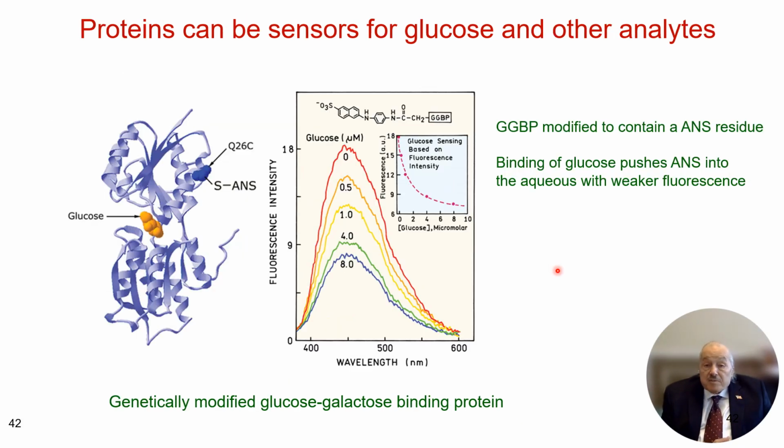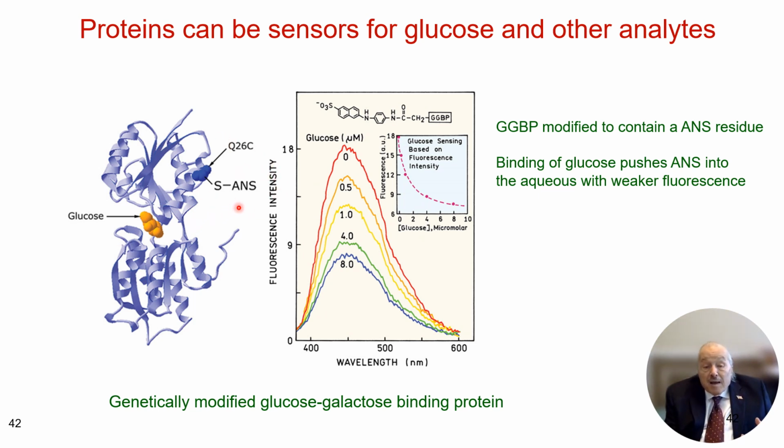The last types of probes that I'd like to discuss today are the protein probes, which are becoming more popular as genetic modifications become popular. So this is one that is done with the glucose galactose protein from E. coli. And actually, this was done in my lab and other labs.